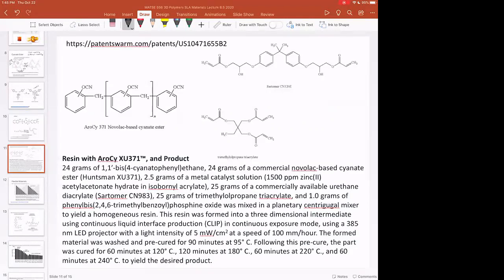And so one of those examples, well, this is, again, a cyanate ester formulation. And so this is just following up to what we talked about before. And this is an example from Carbon where they're describing both how they formulate the resin, how they print it, and the conditions under which they post-cure in order to get the final part.